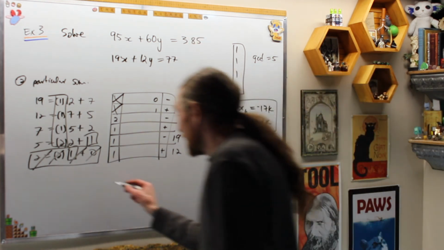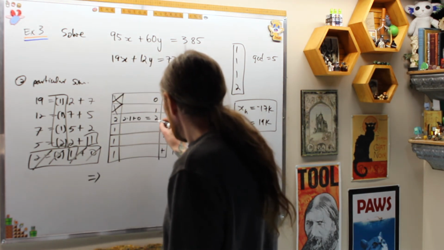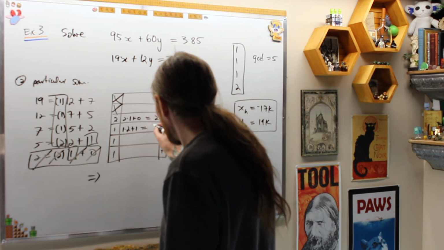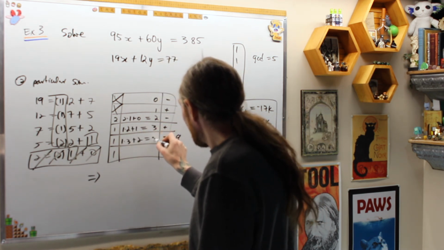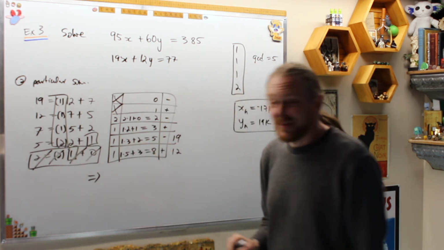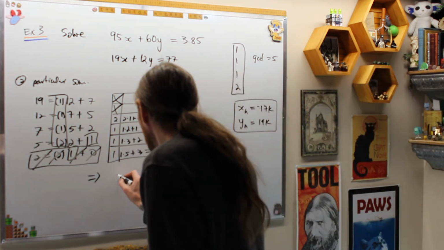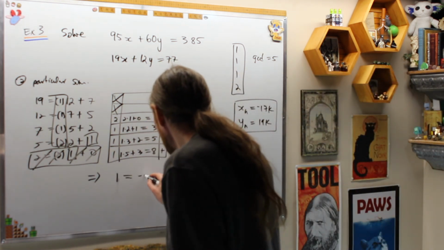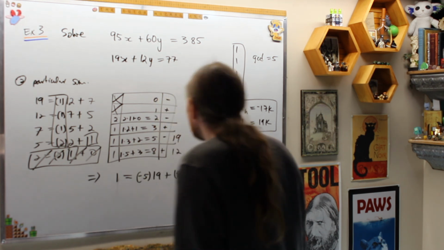What do I get? 2 times 1 plus 0 is 2. 1 times 2 plus 1 is 3. 1 times 3 plus 2 is 5, and 1 times 5 plus 3 is 8. Fibonacci sequence we got essentially. Therefore, 1 is equal to negative 5 times 19 plus 8 times 12.